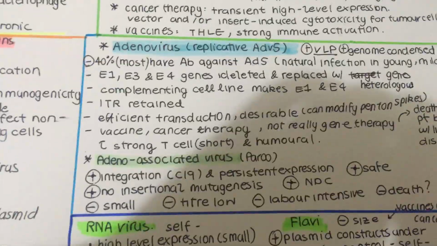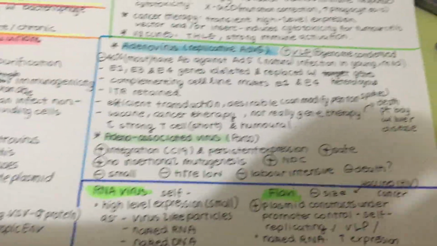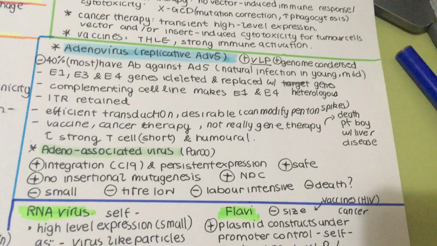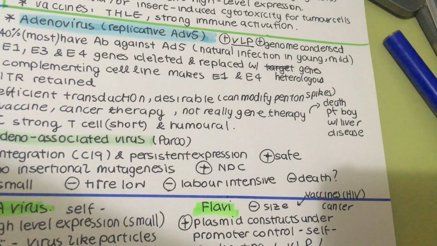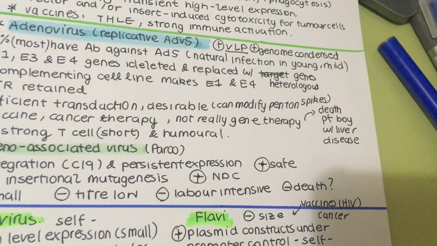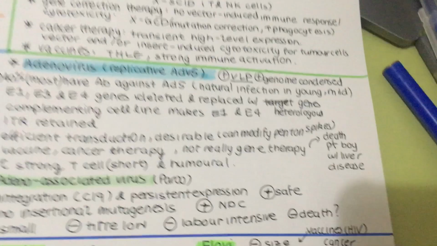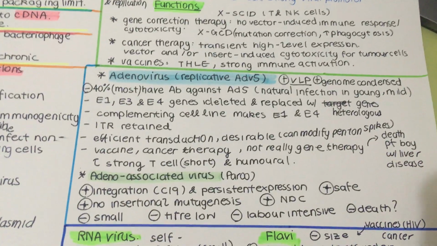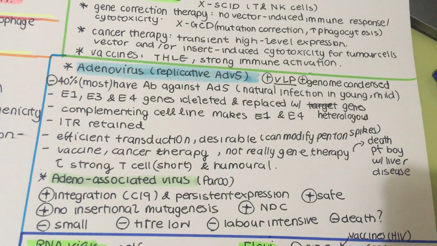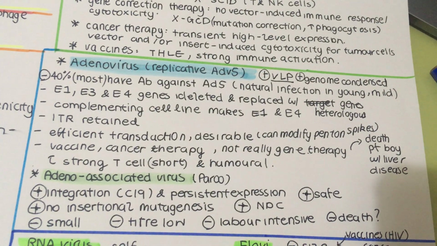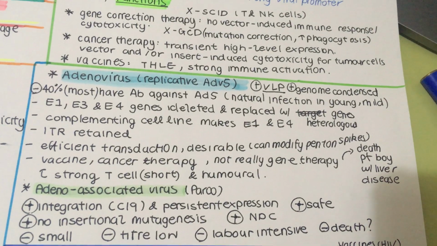Adenovirus has many advantages and desirable features, including the fact that it can be produced to very high titers, the fact that it has a large insert sequence, and also it has high immunogenicity, which makes it good for stimulating a strong humoral and T-cell response in vaccine therapy and cancer therapy.